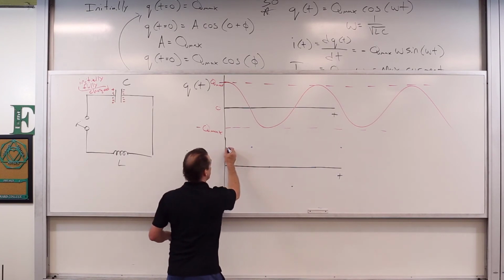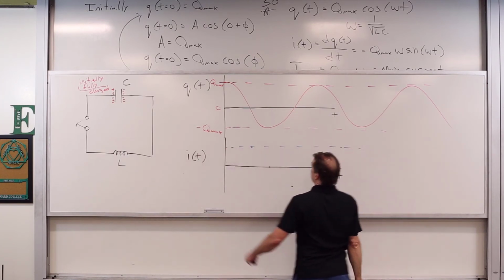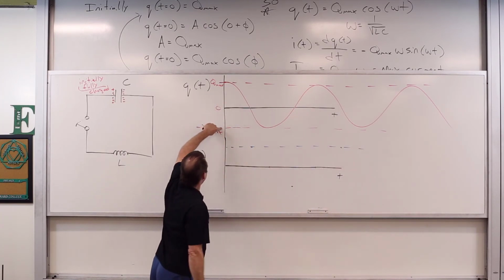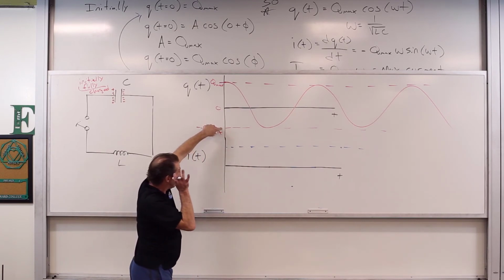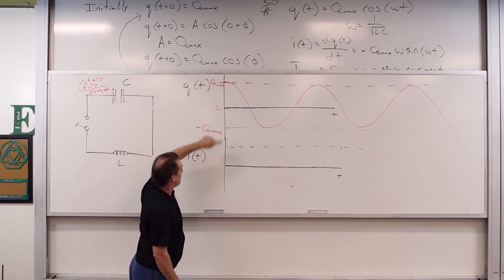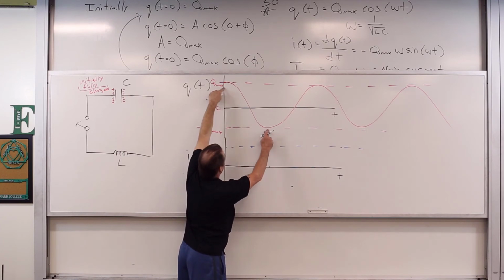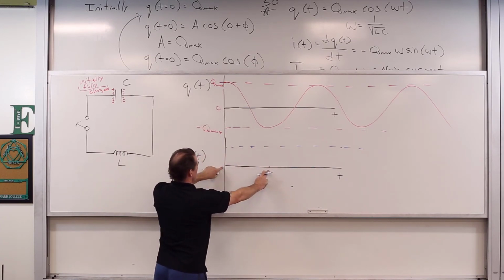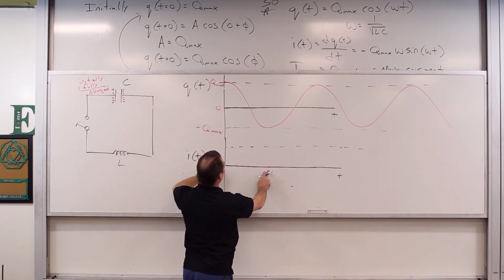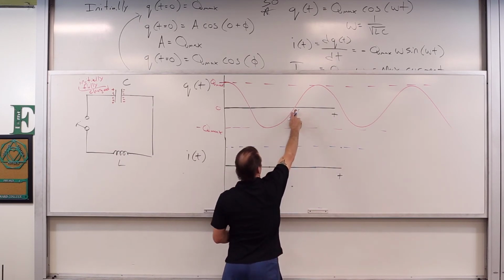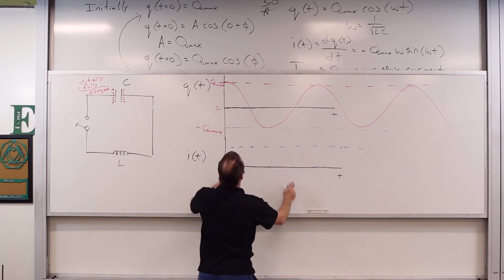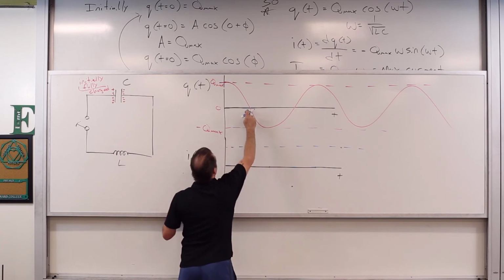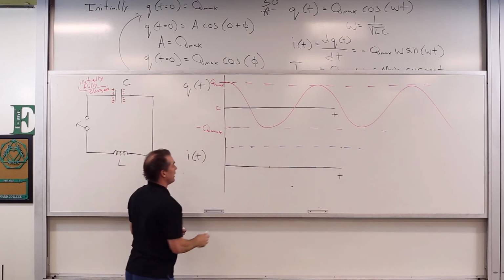Ultimately, when the charge is a maximum amount accumulated on the plates of the capacitor, we should have 0 current. And when we have no charge, that's when we have the maximum current. No charge, maximum current.